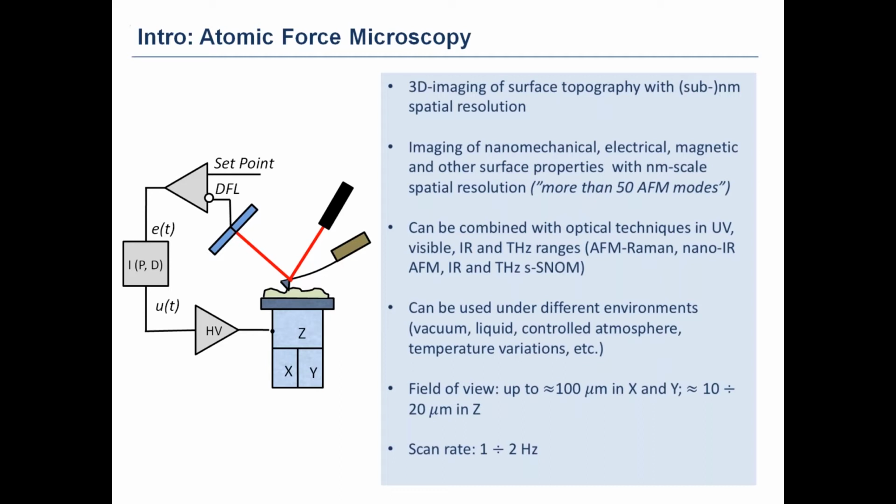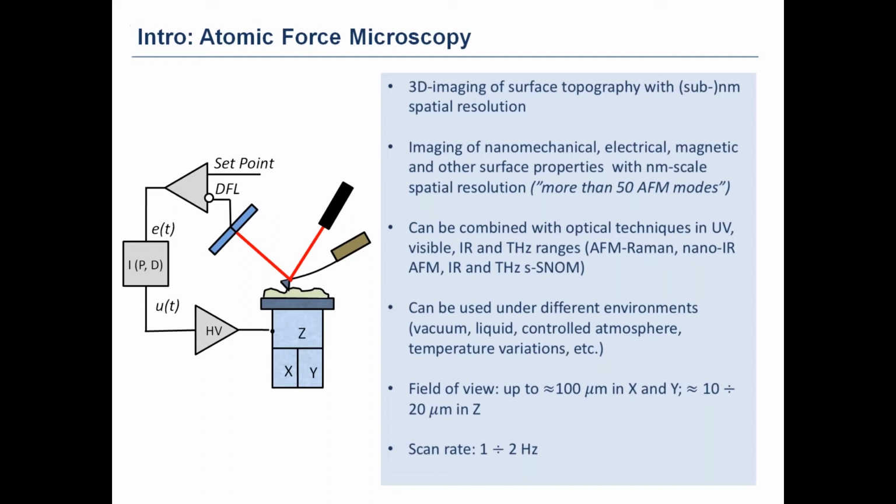The technology has spread widely because, first of all, it allows 3D imaging of surface topography with very high spatial resolution. But along with topography measurements, AFM allows imaging nanomechanical, electrical, magnetic, and other surface properties with nanometer-scale spatial resolution.